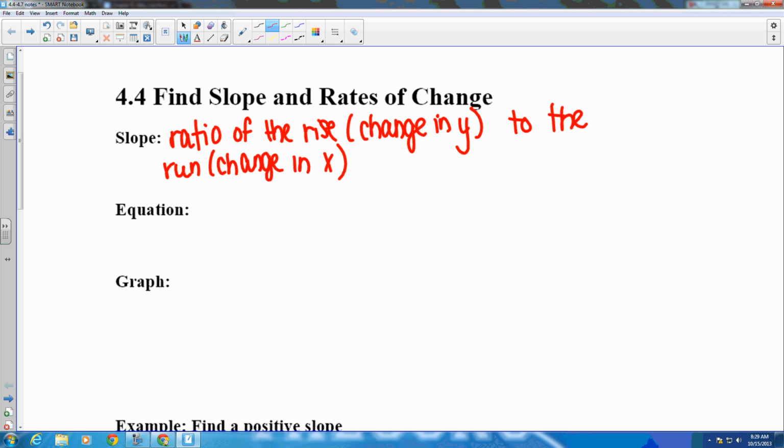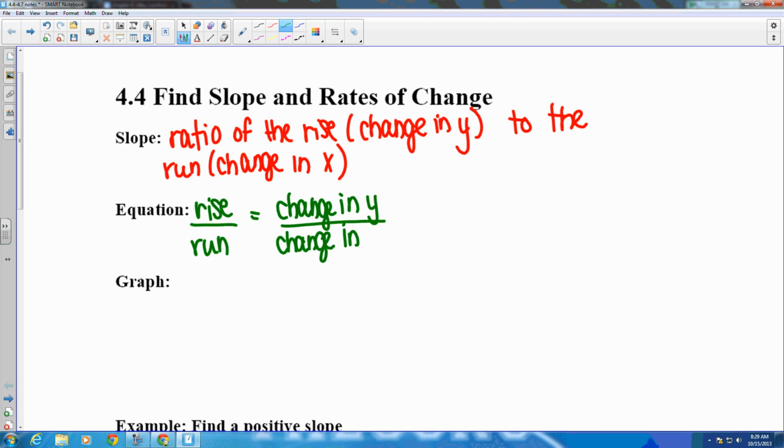The equation that talks about what I just described is rise over run, which is the change in y over the change in x. And slope is always given by an m. So change in y is represented by y2 minus y1 over x2 minus x1.